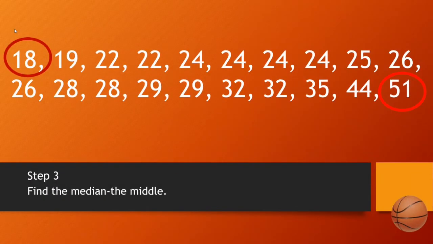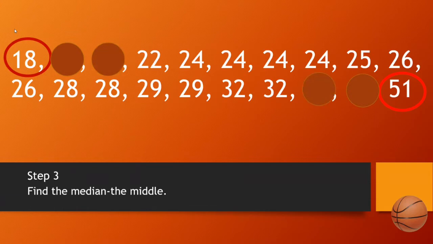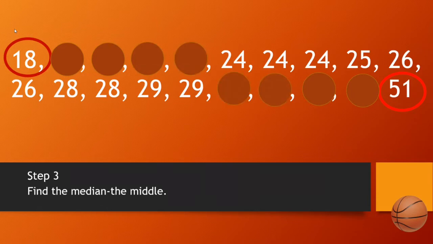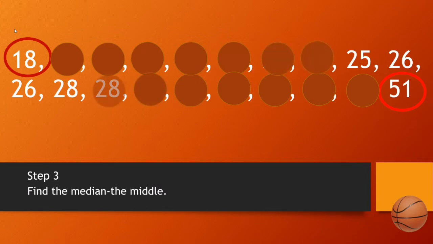Now we need to find the median, or the middle. So what I'm going to do is one by one cover up the smallest number and the biggest number until I find my middle. So I cover up 19 and 44. Next I cover 22 and 35, 22 and 32, 24 and 32, and I keep going until I'm left with two numbers.